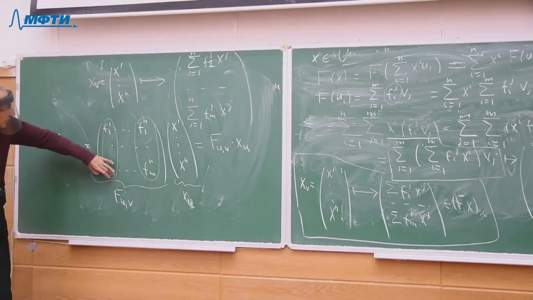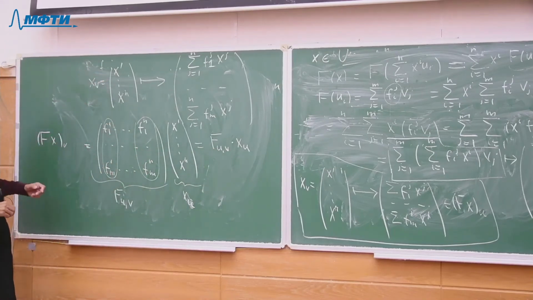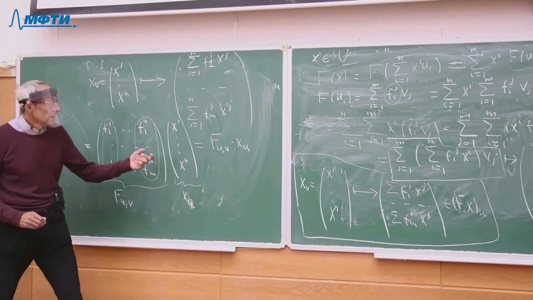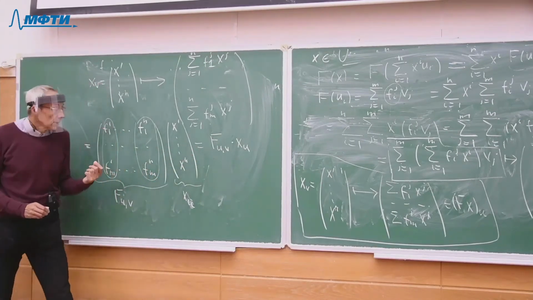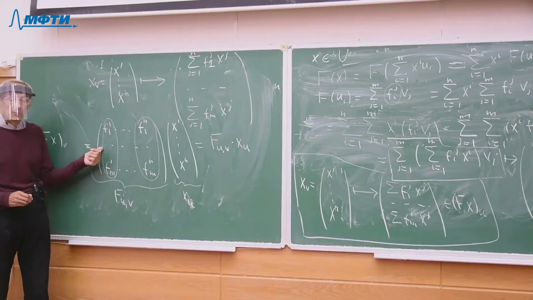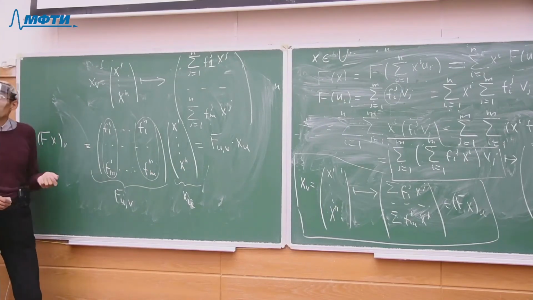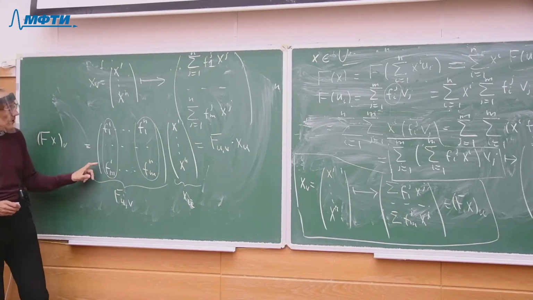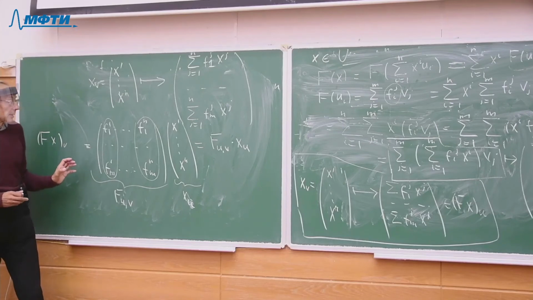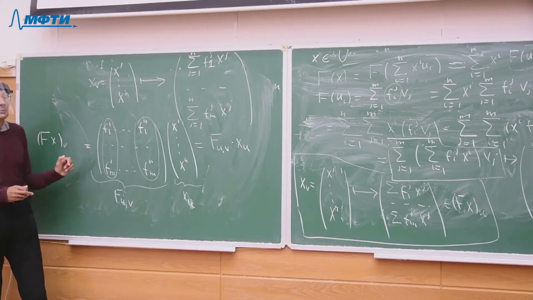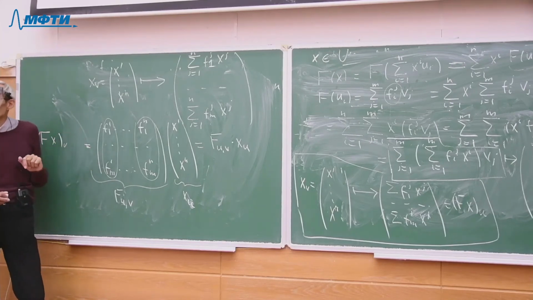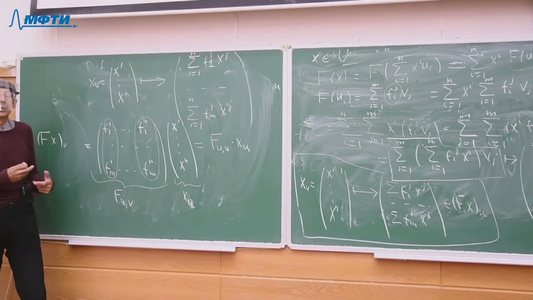How do we obtain this column? I apply our linear transformation to the first basis vector in the domain, and I decompose this image in terms of the basis vectors of the second vector space, in terms of the basis of the codomain.